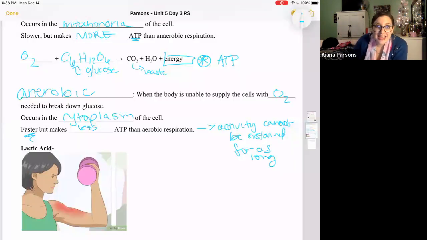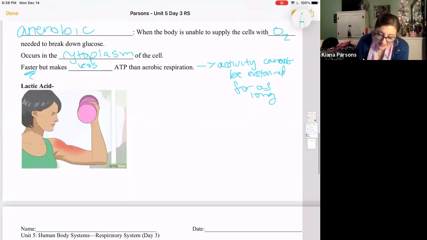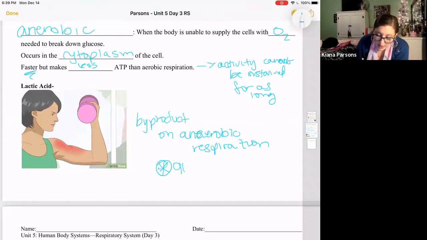So lactic acid is a byproduct of anaerobic respiration, which remember is a quick burst of energy.